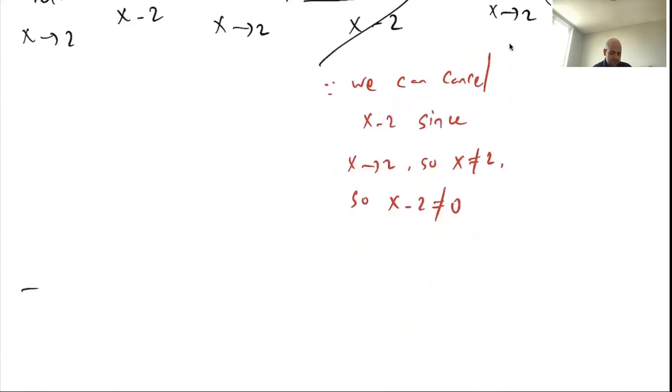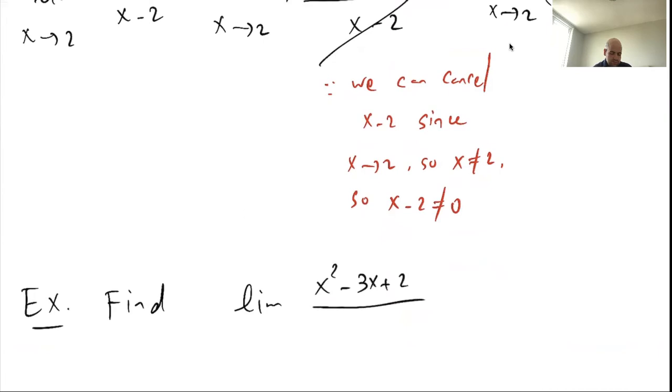So now let's look at another example. Find the limit of x squared minus 3x plus 2 divided by x squared minus 7x plus 6, as x approaches 1.